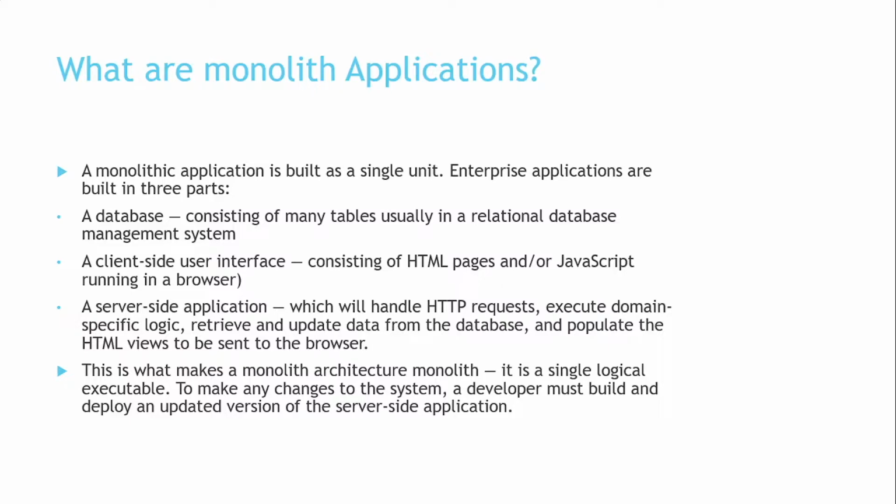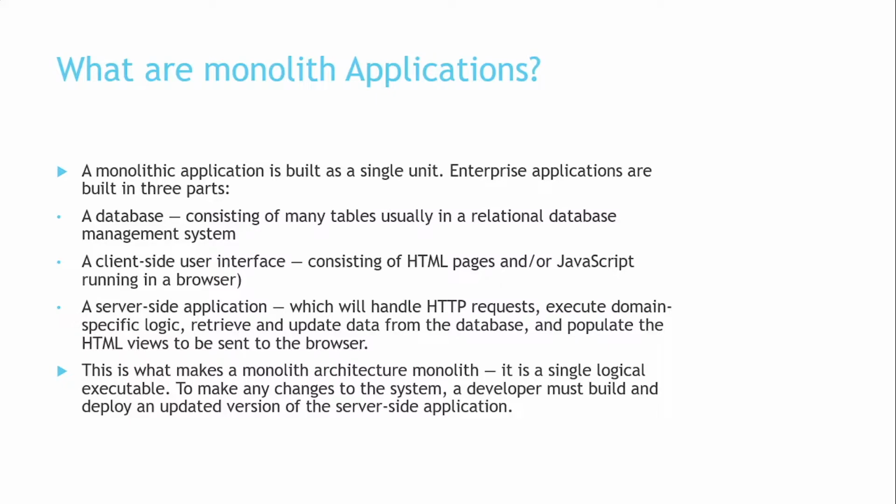These generally contain HTML pages or JavaScript, or maybe a React front end as well. And a server-side application which will handle HTTP requests, execute domain-specific logic, retrieve and update data from the database, and populate the HTML views to be sent to the browser.